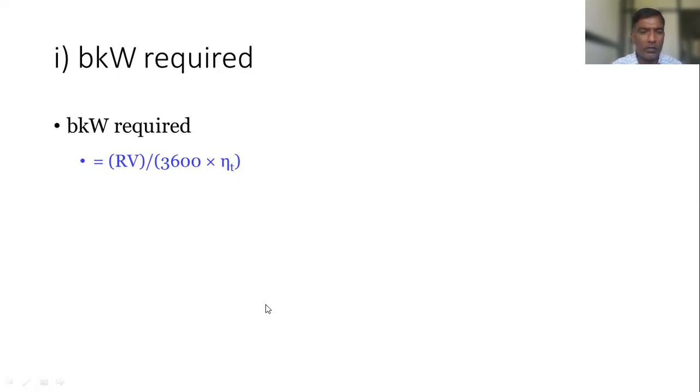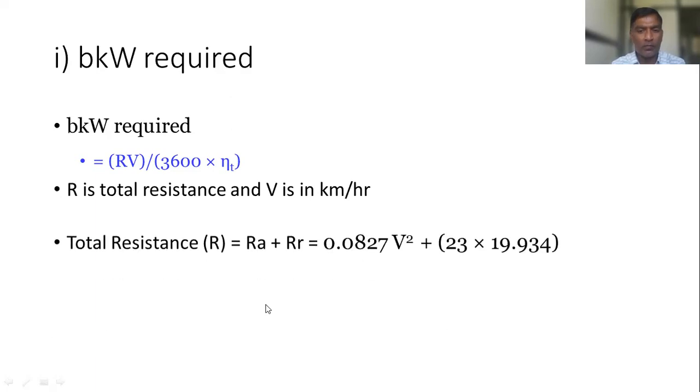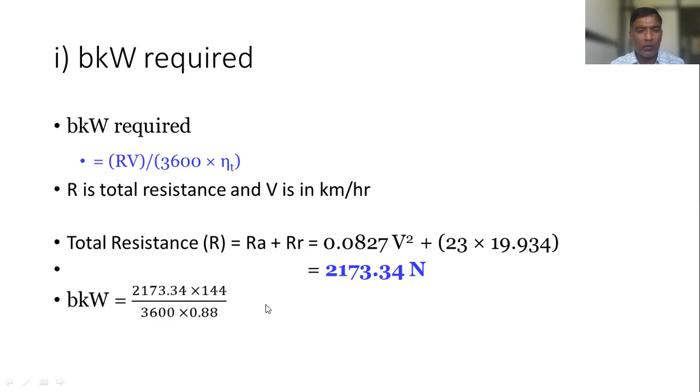Sachin, completed after this? Yes, sir. BKW already we have calculated, then no issue. R is total resistance and V is in kilometers per hour. Okay, this we have completed? Yes, sir. Okay. So 98.8 kilowatt.